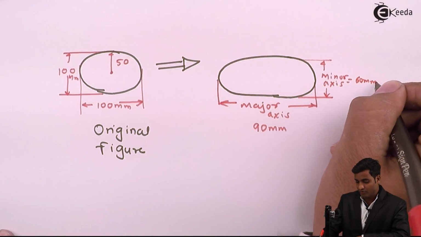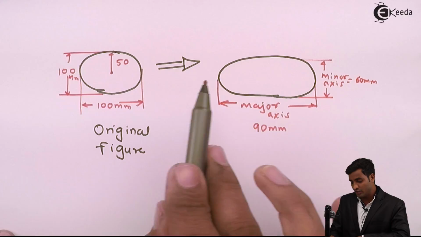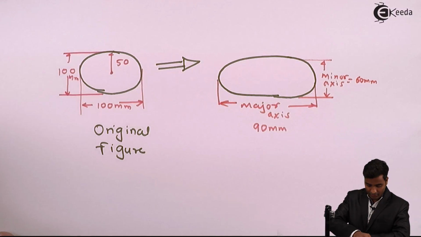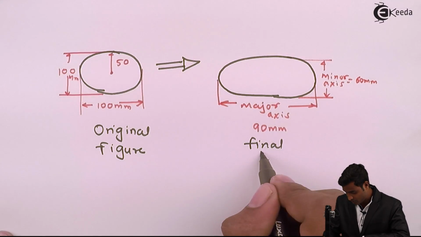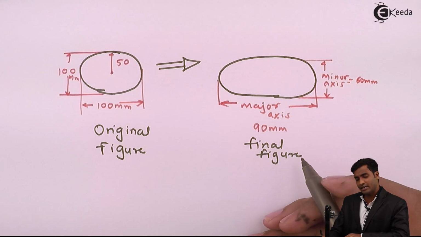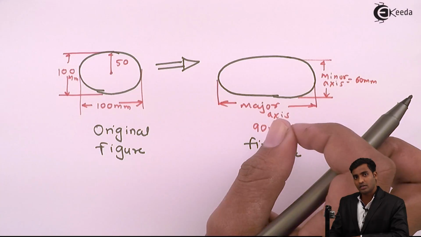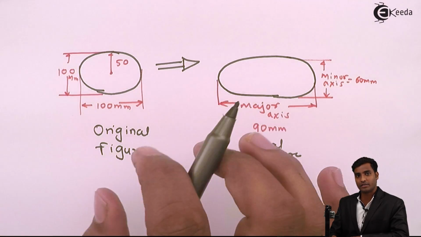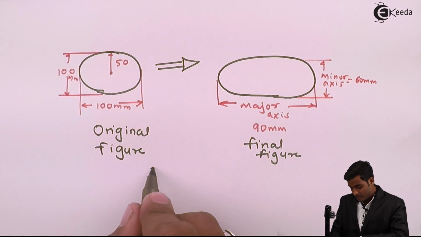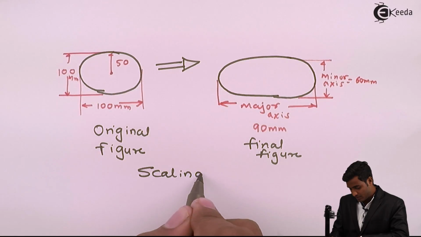So we have to transform this circle into an ellipse. This is the final figure. Since the size of the circle has been reduced, we will apply scaling transformation.